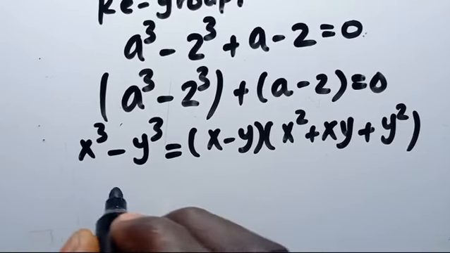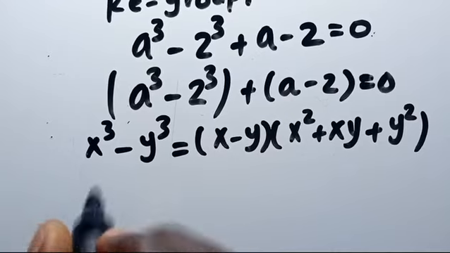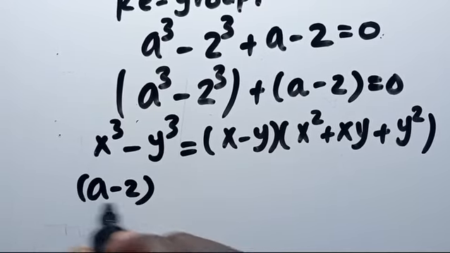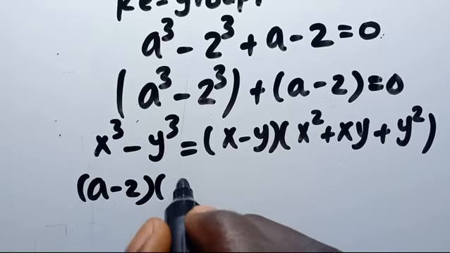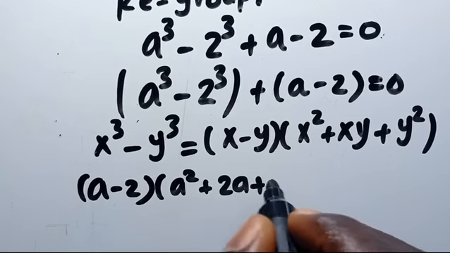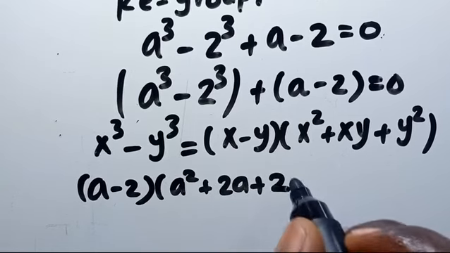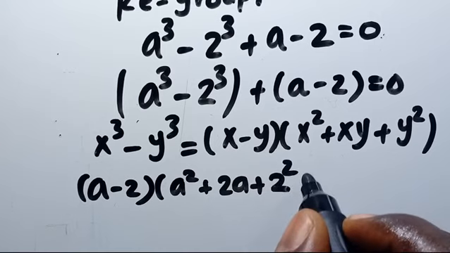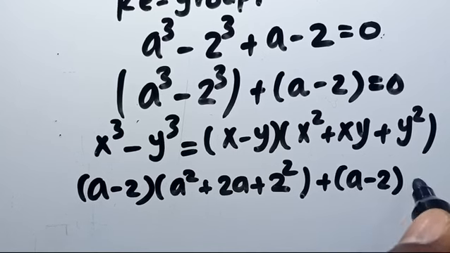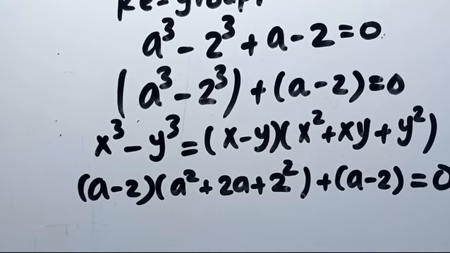So from here we have a minus 2 times a squared plus 2a plus 2 squared, plus a minus 2 equals 0.